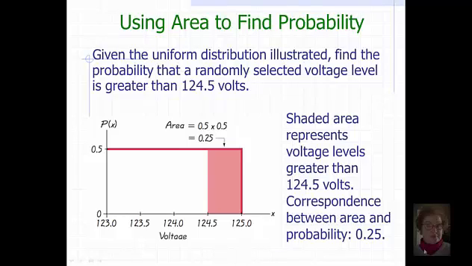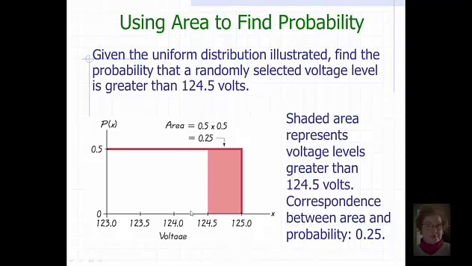So here is, on the slides, a similar problem to what we just finished. We have voltage that varies from 123 to 125 volts, and all volts are equally probable, and we want to know what the probability is that a randomly selected voltage is greater than 124.5 volts.